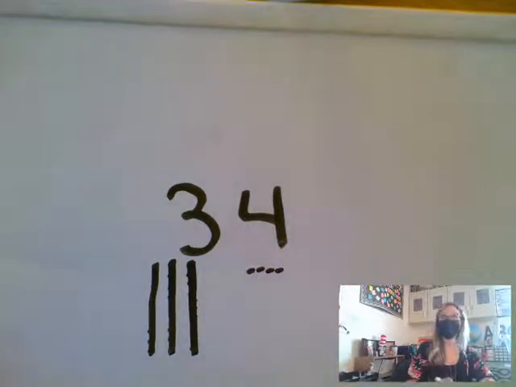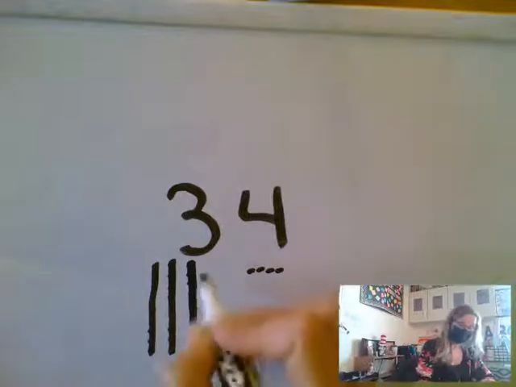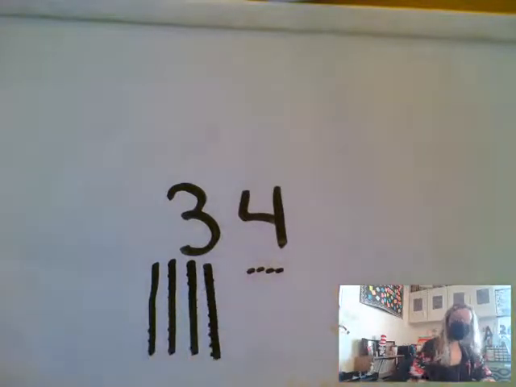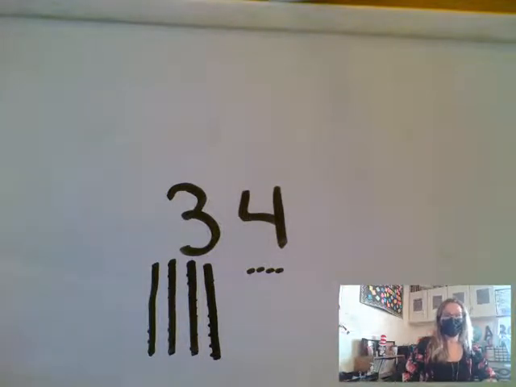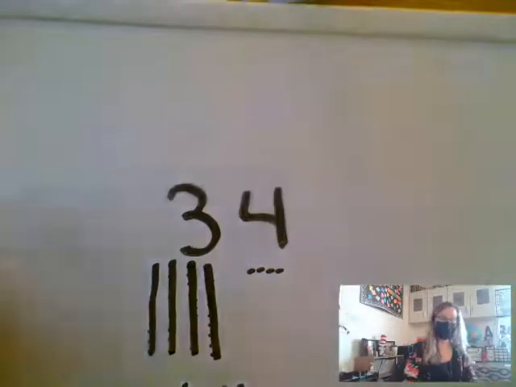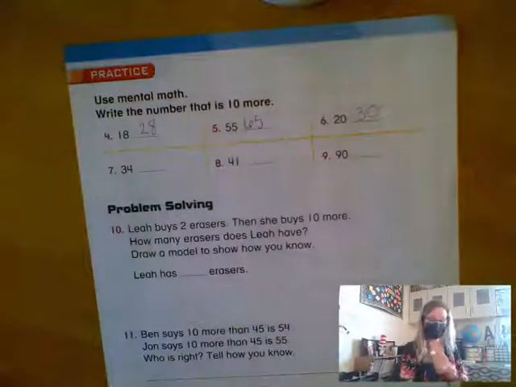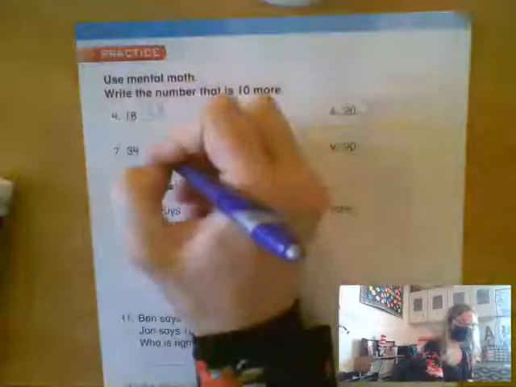Now, Isaac, if I add another 10, 1, 2, 3, 4, 5, 6, 7, 8, 9, 10. Now what number would I have? 44. Excellent. Because I now have 4 tens and 4 ones. So here, Isaac, where it says 34, add a 10, you should write 44.